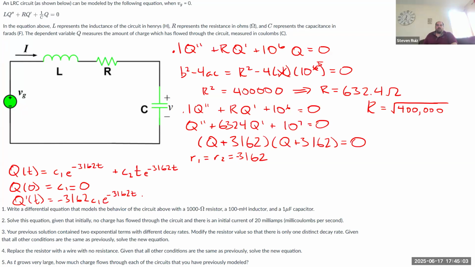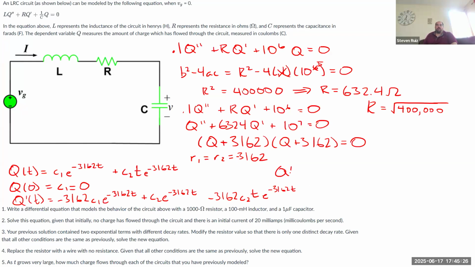And then this other term is going to require the product rule, plus C2 e to the negative 3162t minus 3162 C2t e to the negative 3162t.